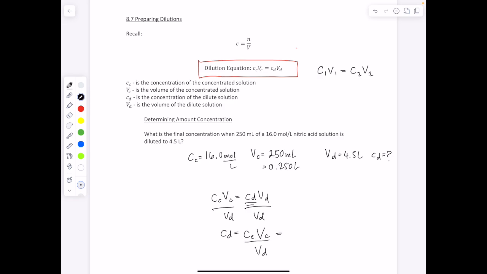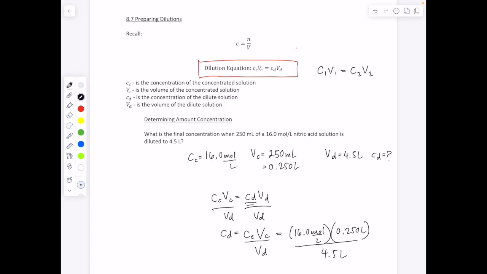Let's sub in these values. We have 16.0 moles per liter times 0.250 liters over a new volume of 4.5 liters.